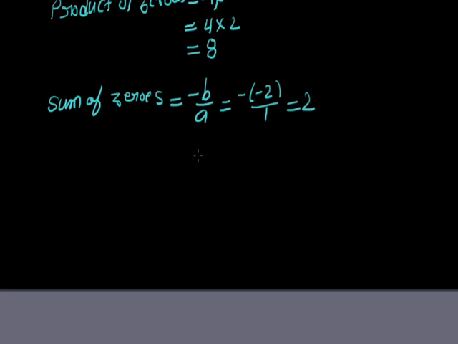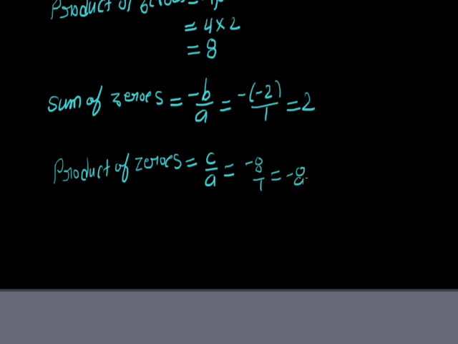And the product of the zeros is equal to c upon a. The value of c is equal to minus 8, divided by 1, that is equal to minus 8.